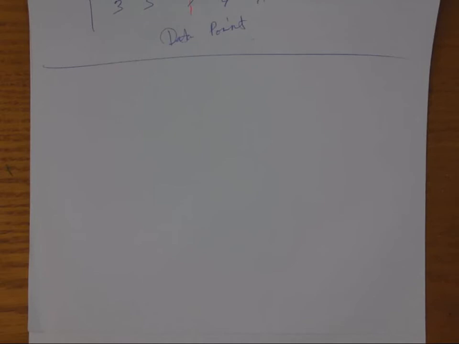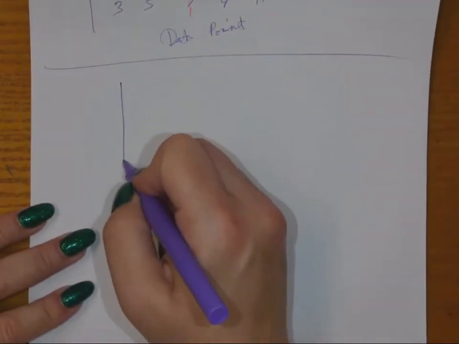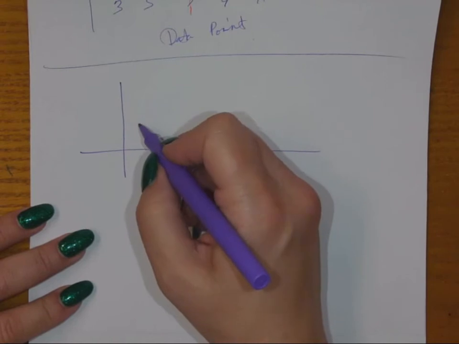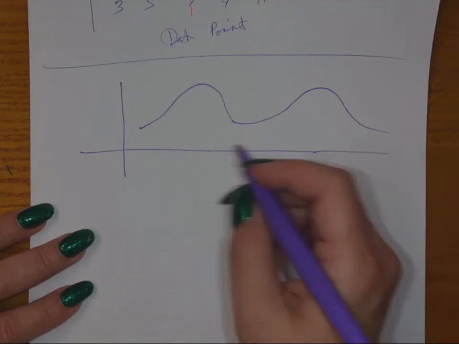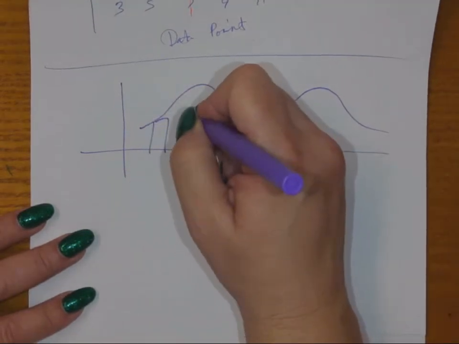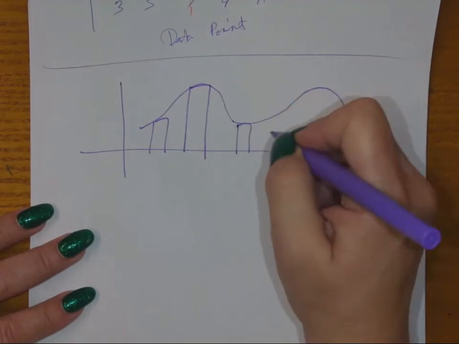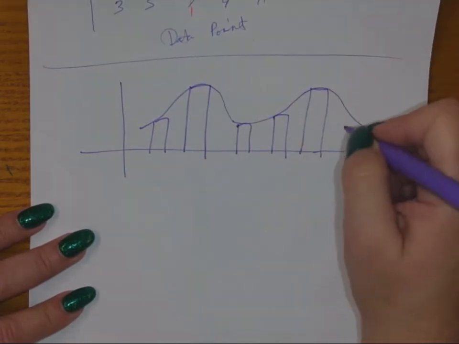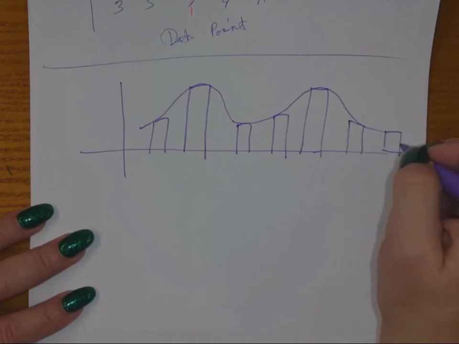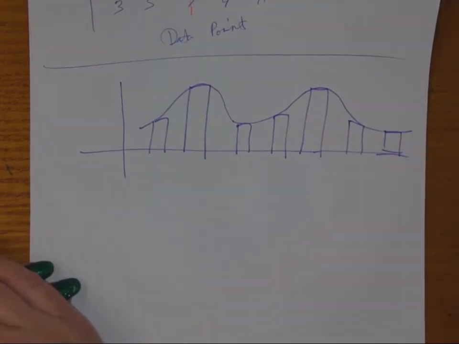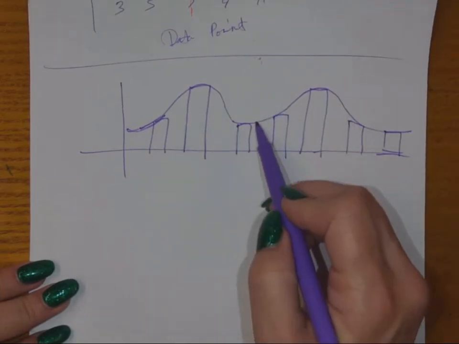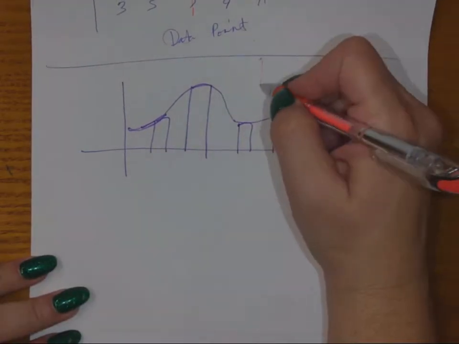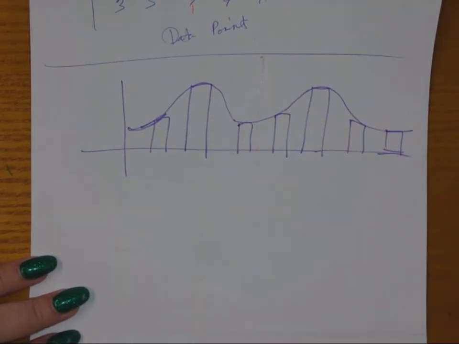What if, since we're going through this, what if I had something that looked like this, and I'm just going to kind of sketch a curve. For whatever reason, we've got some bars, we've got some other bars. All right, so what if it looks something like that? What can we say about this? It might be symmetric. If I put a line down the middle, I might be able to reflect it across that and call it symmetric, right?